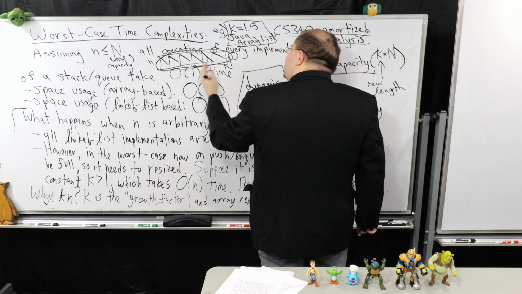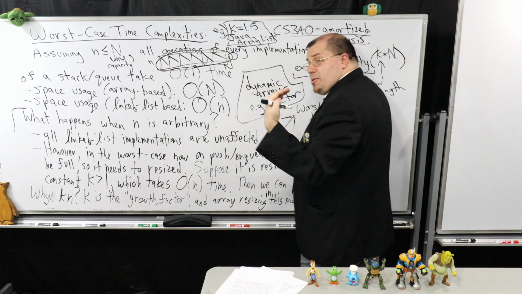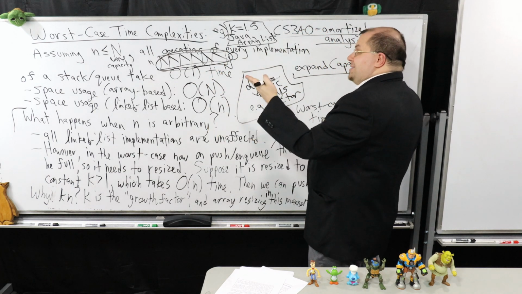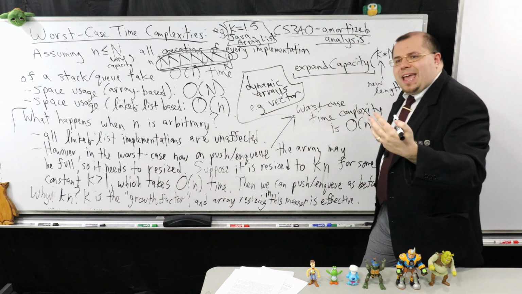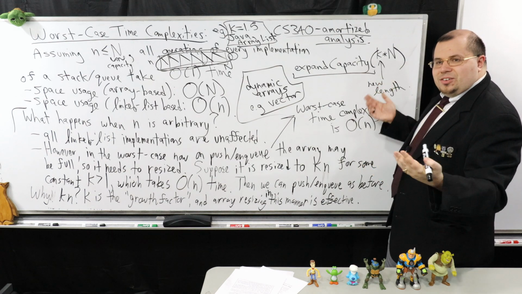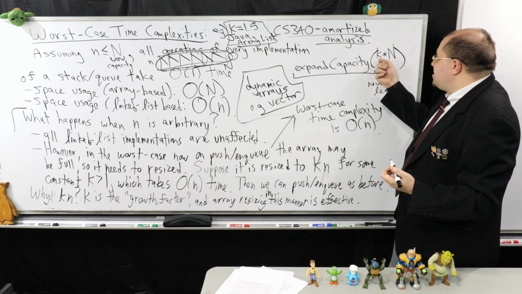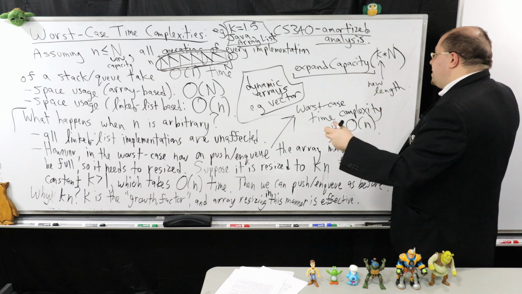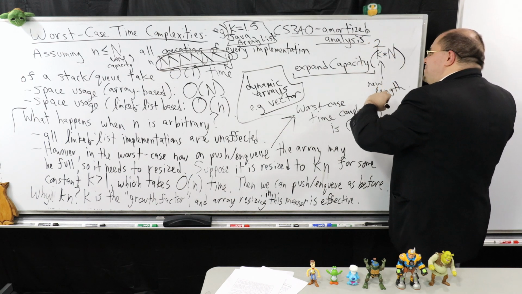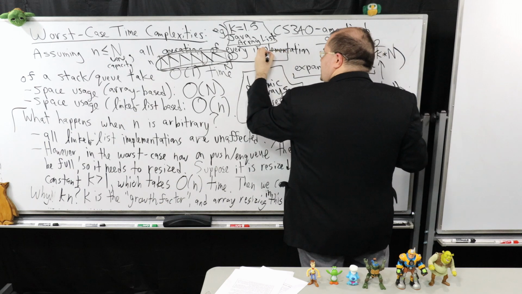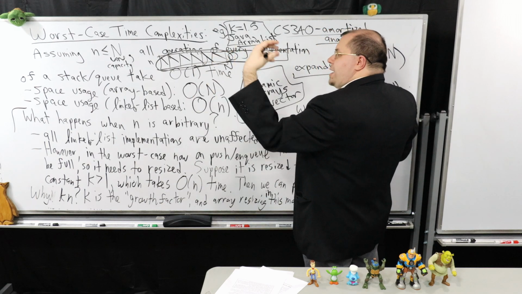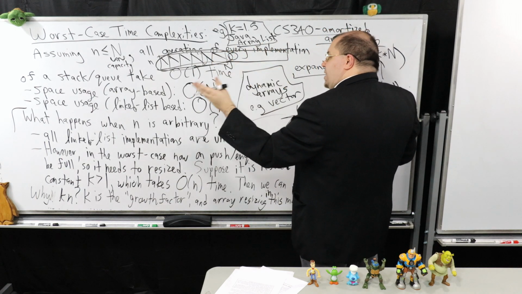Well, I'm going to need more space in my array, but my array is full. So what I need to do is create a new array of length k times n. Now, for our purposes, and you'll see this in the example in the notes, if you look at the array stack, I use k as 2. So I just double the length of the array. So I create a new array of double the length.